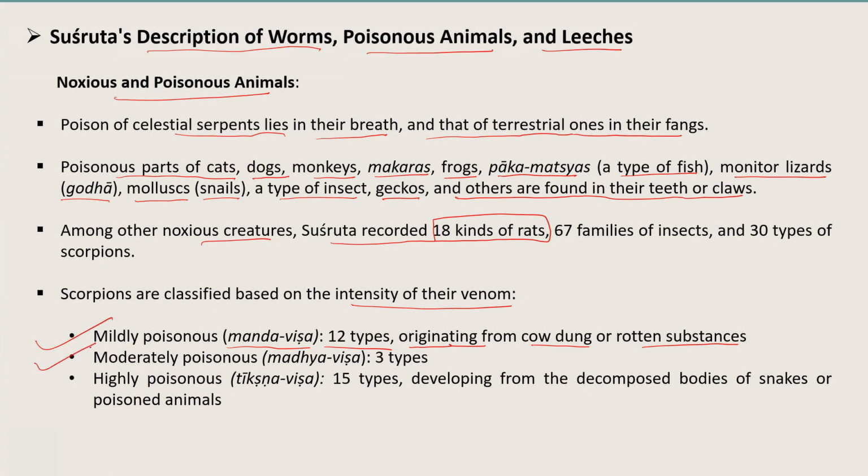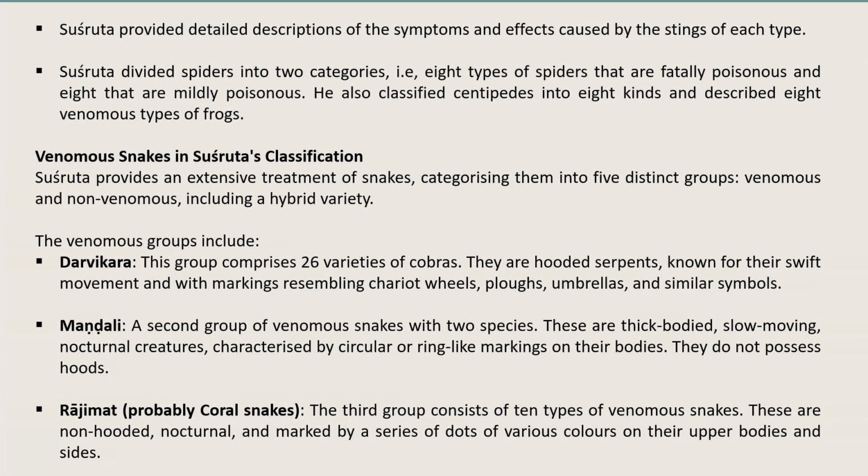Second one is moderately poisonous, Madhyavish, 3 types described by Sushrut, and third one is highly poisonous, Tikshanavish, 15 types developing from the decomposed body of snakes and poisoned animals. Sushrut provided a detailed description of the symptoms and effects caused by the stings of each type.